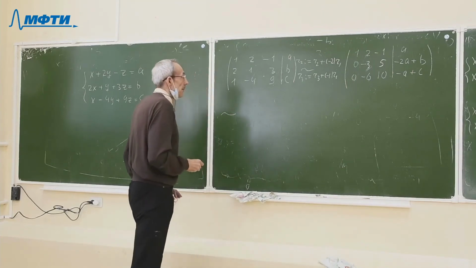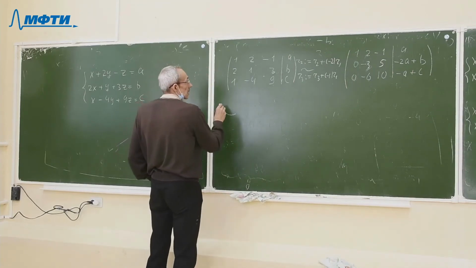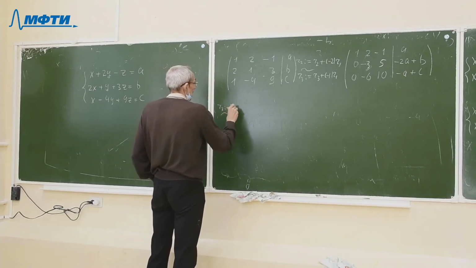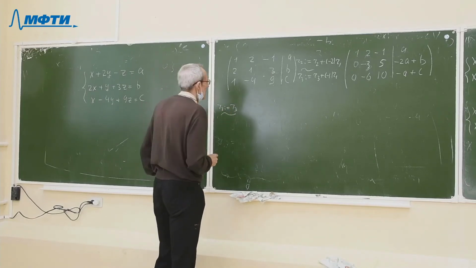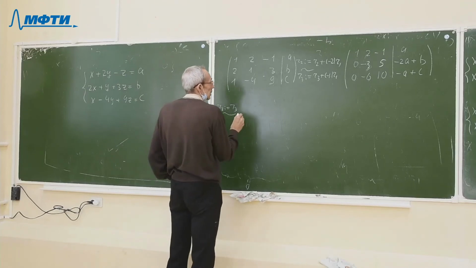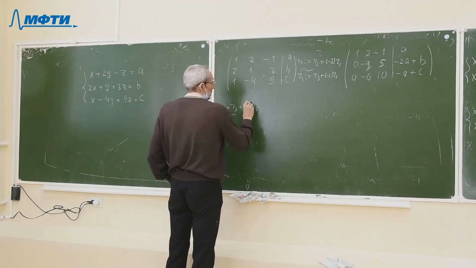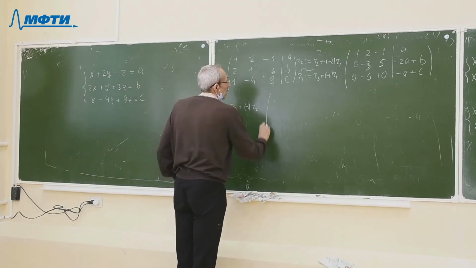The last step, let's add to the third row the second row, which is multiplied by minus 6.